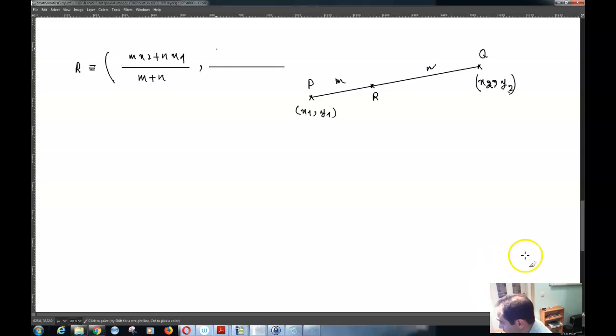Now, as you can see here, triangle BDE and triangle DEC are on the same base.